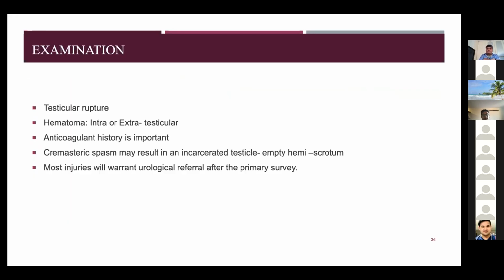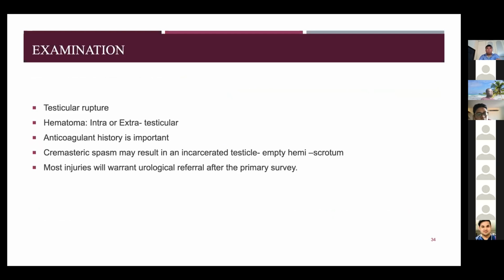The most concerning injury would be a testicular rupture along with hematoma, which may be intra or extra testicular. If a hematoma is suspected, anticoagulant history is always important, as referral to or consultation with a hematologist may be needed in subsequent management.